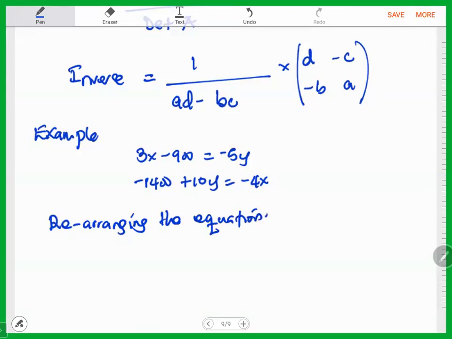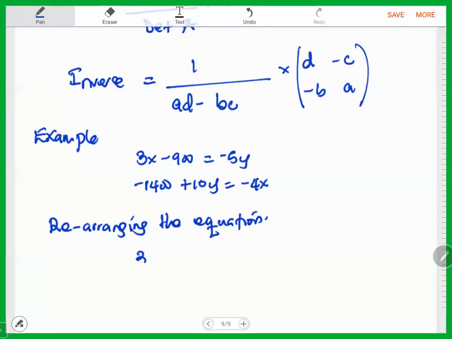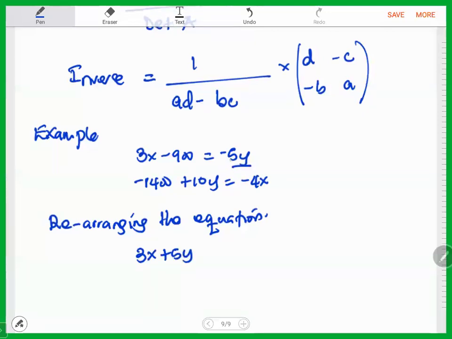Rearranging the equations, that gives us 3x plus 5y. Once it crosses the equal sign and goes to this side, it becomes a positive.